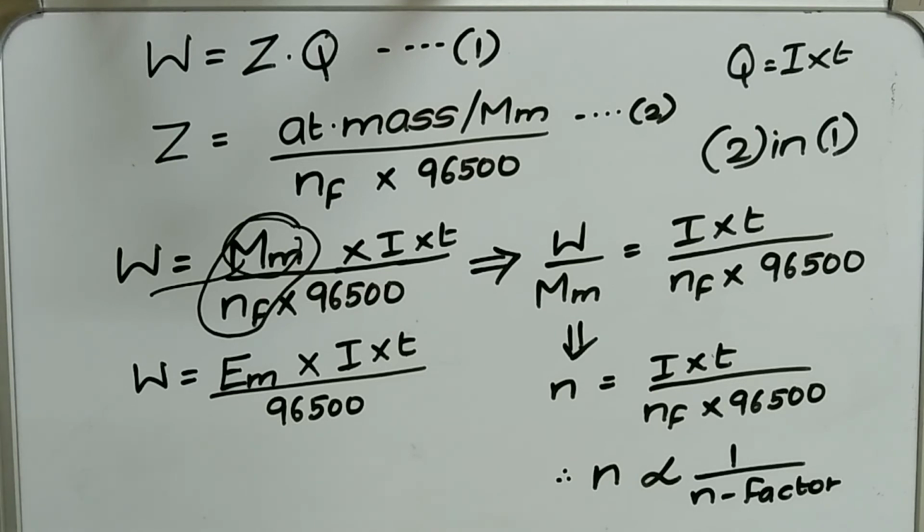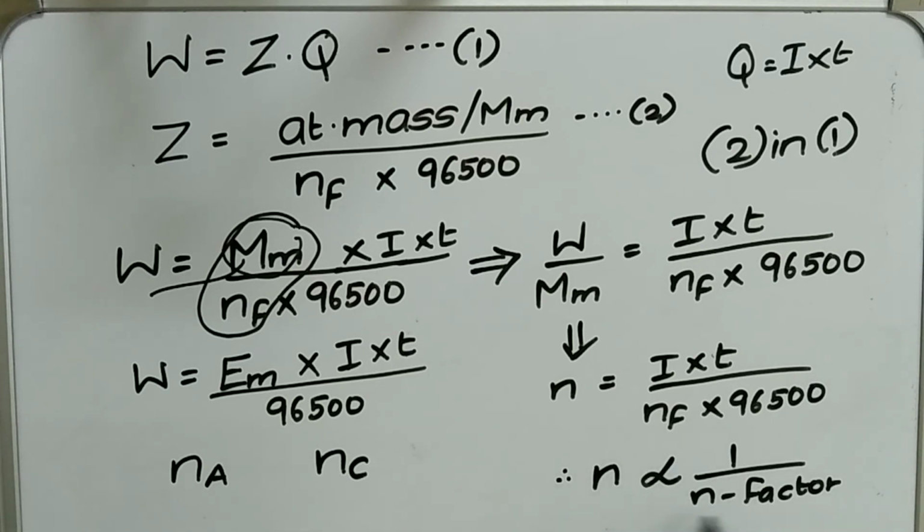Correct? Now over here n can be the moles at anode and moles at cathode. Correct? It can be both. So let Na be the moles at anode and Nc be the moles at cathode. Right.